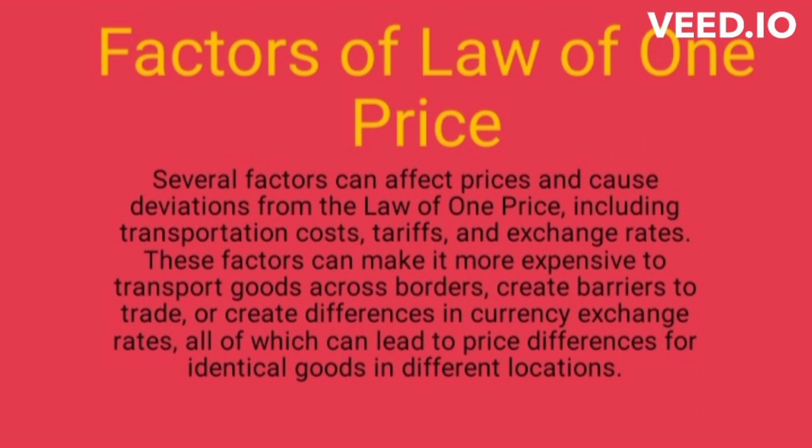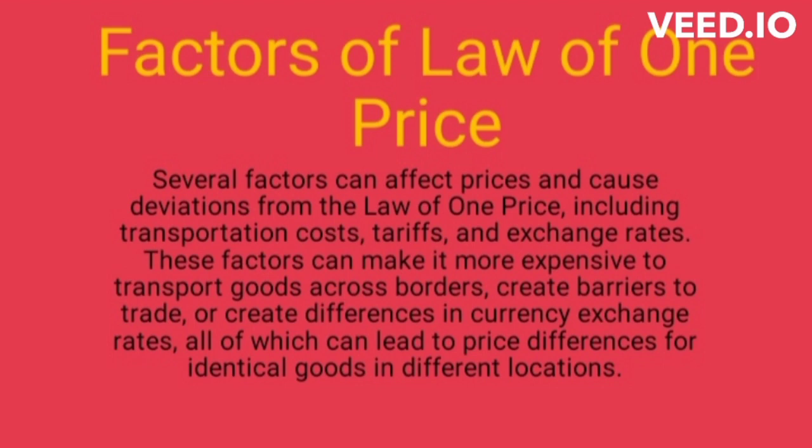In this video, we are explaining the topic: factors of the law of one price. Several factors can affect price and cause deviations from the law of one price, including transportation costs, tariffs, and exchange rates.